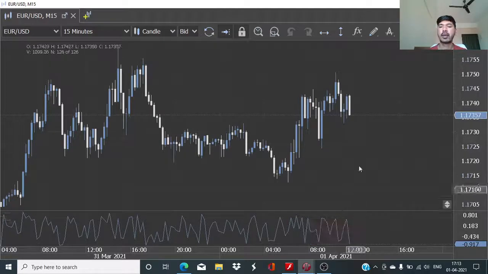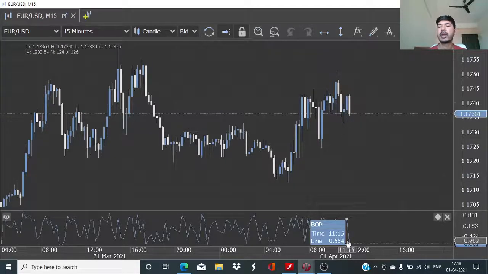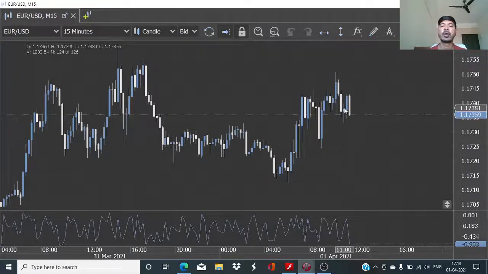And here also the condition is going to be similar, that the penultimate candle should have closed on the lower side, that balance of power output was below 0. And if these conditions are satisfied along with the 4 hourly requirement, then I think we can go for the trade.